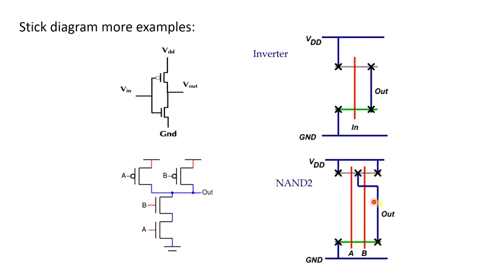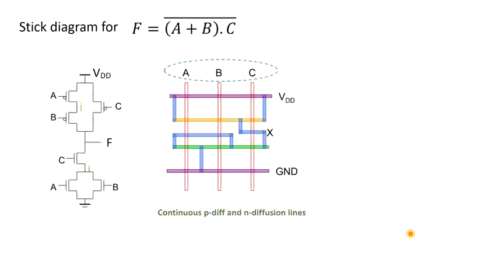Now, if any other Boolean function has been given to you, can you draw its corresponding stick diagram? For example, let us see this Boolean function, f equal to (a plus b dot c) whole bar. So this is the circuit representation of this Boolean function using CMOS. Its stick diagram will look something like this.